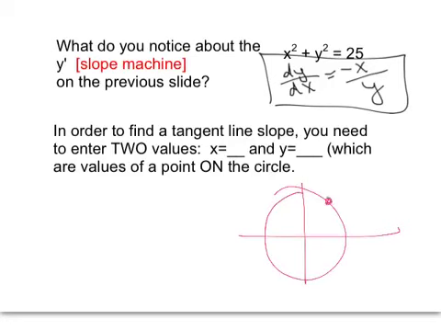If I want to know the tangent slope here versus here, I'm going to have like (1, 3) versus (1, -3). So I'm going to get a different slope depending on the different point that I plug in to this guy up here. So you need to know both the x and y so that you can figure out the slope of the tangent line. So the derivative has an x and a y in it.